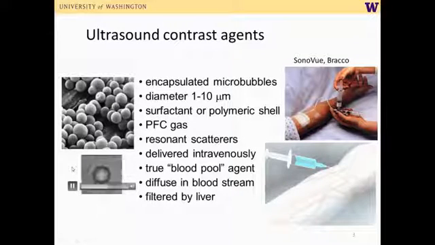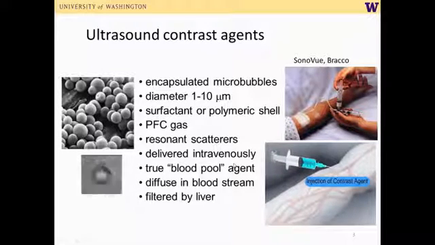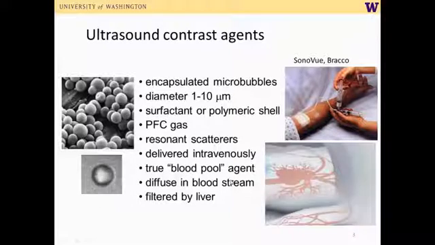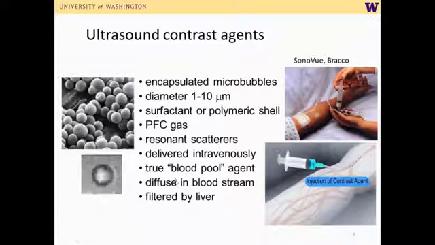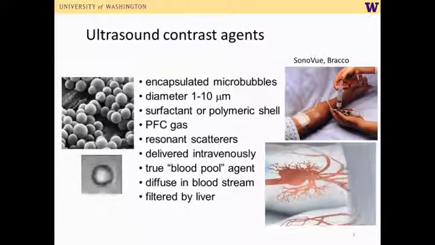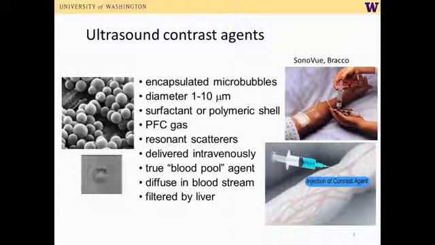And with ultrasound, these microbubbles oscillate, as you see in this movie over here. They are delivered intravenously, and once delivered, they go everywhere in the vascular system. They are a true blood pool agent, and that means they don't diffuse into the interstitial spaces. They only stay strictly in the vasculature.